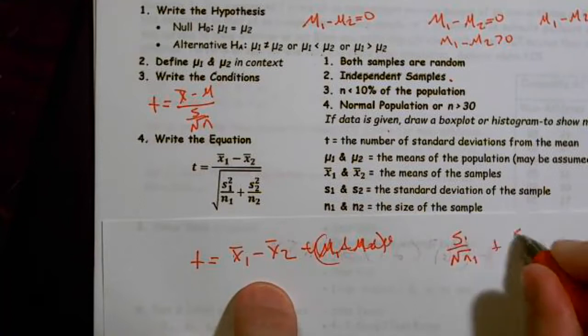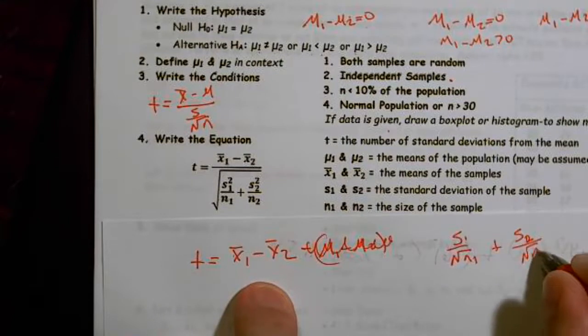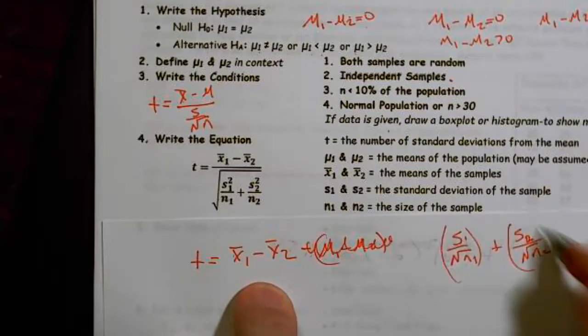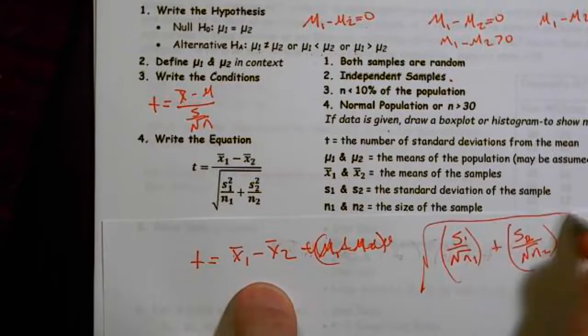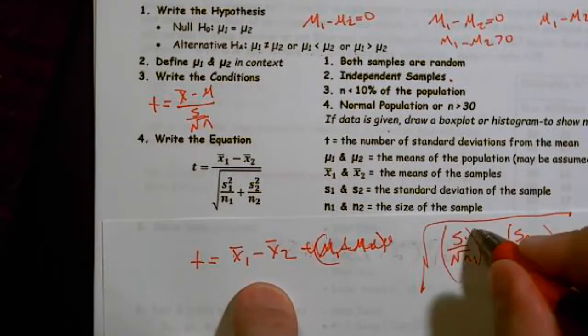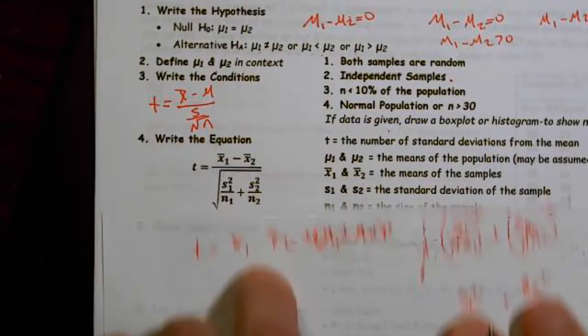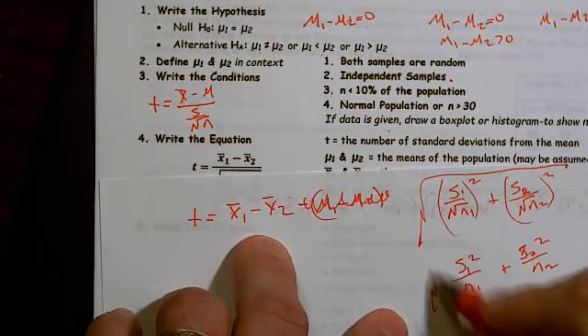So now I'm trying to add standard deviations of x bar. Well, we can't add standard deviations directly. We have to square them and take the square root of them. If I square them, this becomes s1 squared over n1, this becomes s2 squared over n2, and then we take the square root of it.